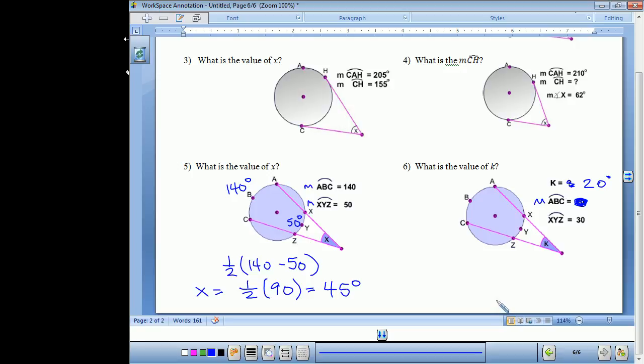We haven't done one like this at all. I'm changing up number 6. Correct your sheet. Why does it look like the same? Because what's missing this time is the big angle. We haven't done one where you're trying to find the big arc. I eliminated ABC. Make a change.